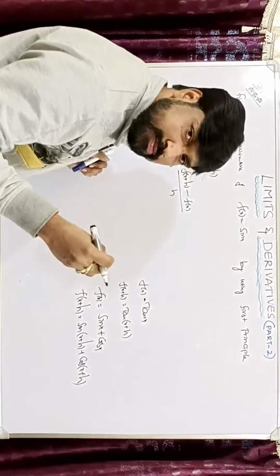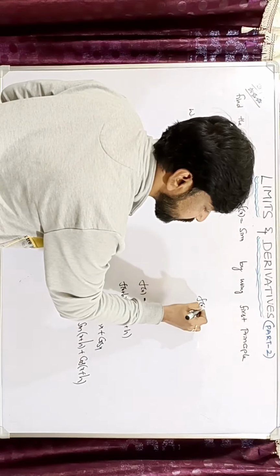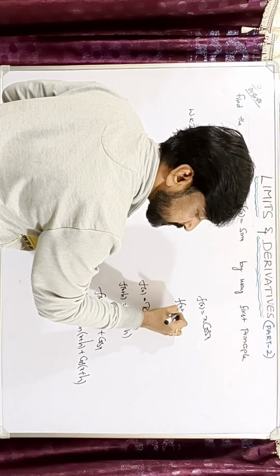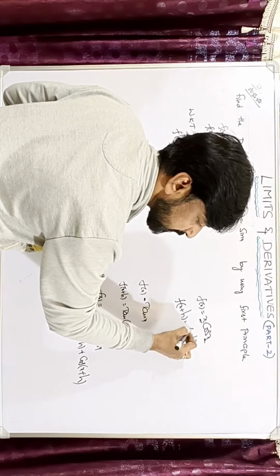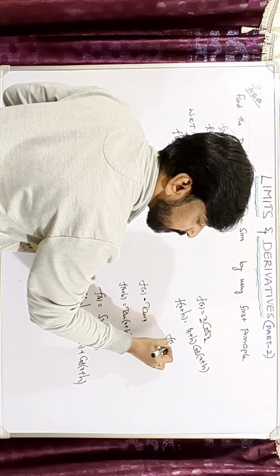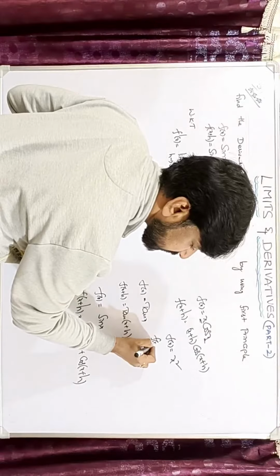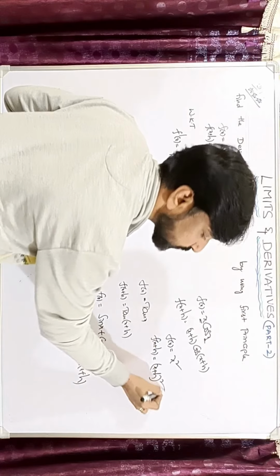Wherever x is there, replace x plus h. For example, f of x equal to x cos x, so f of x plus h equal to, can you tell? Wherever x is there, replace x plus h: x plus h, cos of x plus h. For example, f of x equal to x square, so f of x plus h is equal to x plus h whole square.